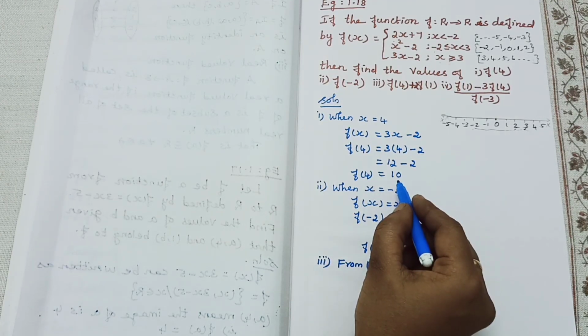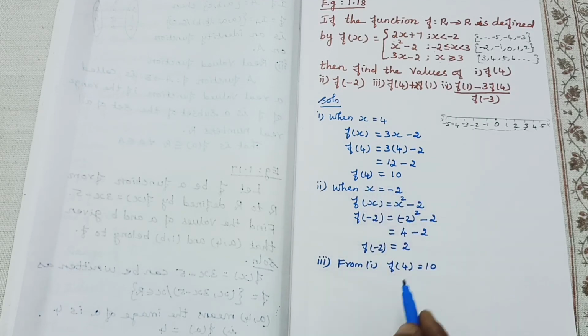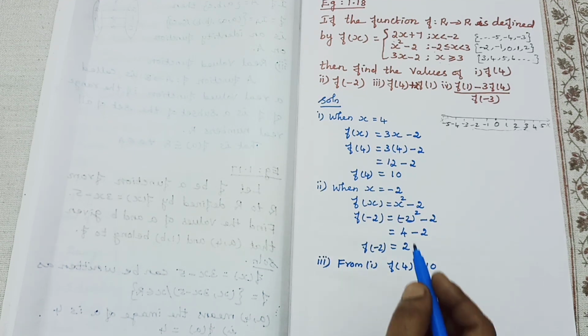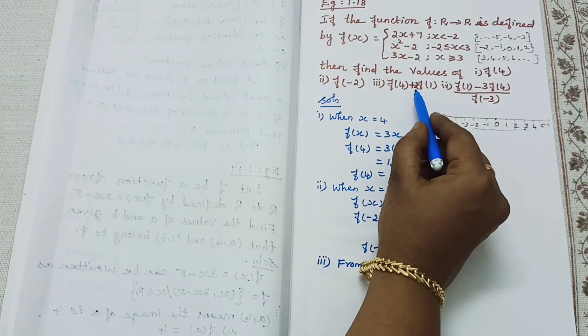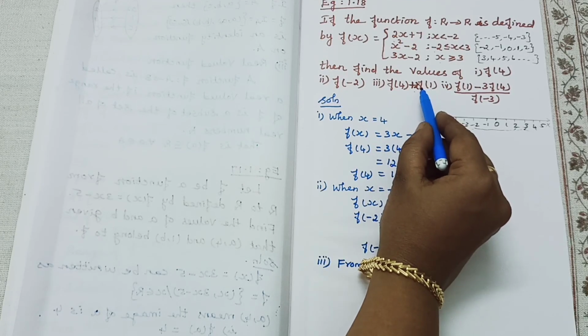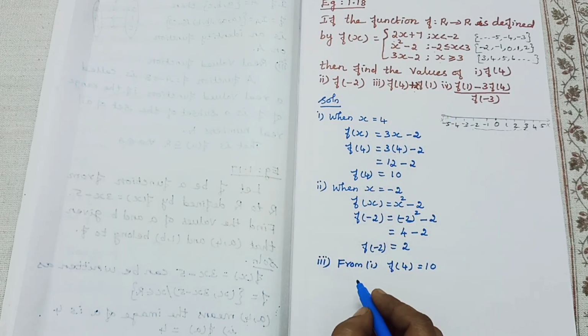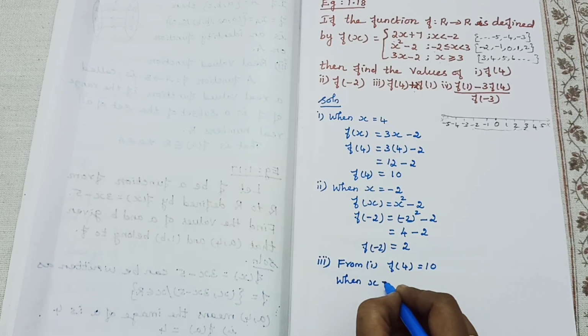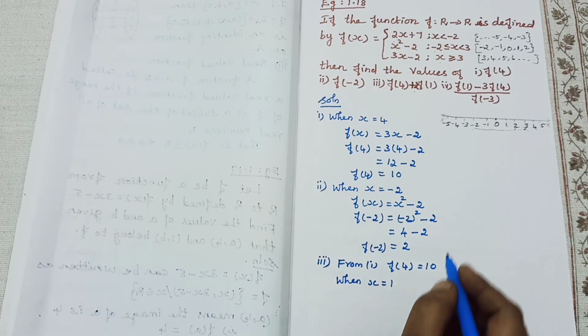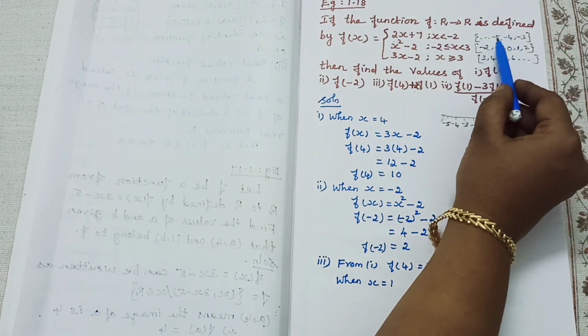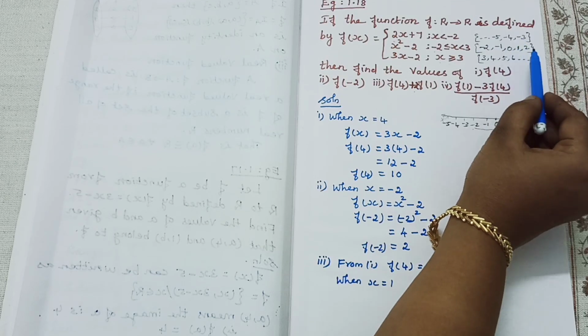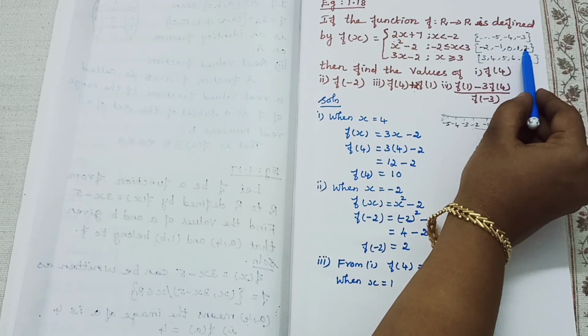Therefore, we need f of 1. F of 1 is equal to 1 the whole square minus 2. 1 square is 1, isn't it? 1 minus 2 is minus 1. Therefore, f of 1 is equal to minus 1.